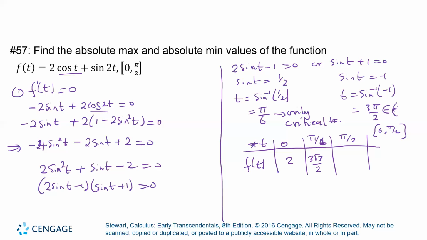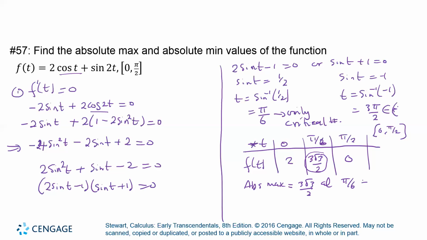And then if you substitute pi by 2, cosine pi by 2 is 0, and so you only have sine of pi, which is 0. Now among these, which is the largest value? This is greater than 2. So the absolute max is 3 root 3 over 2 at pi by 6.